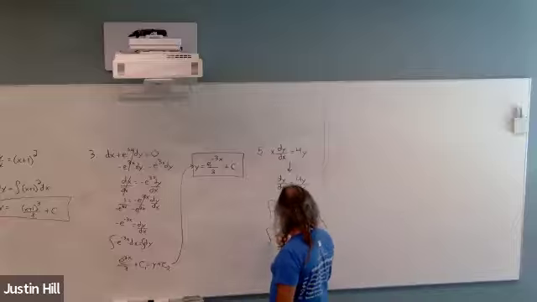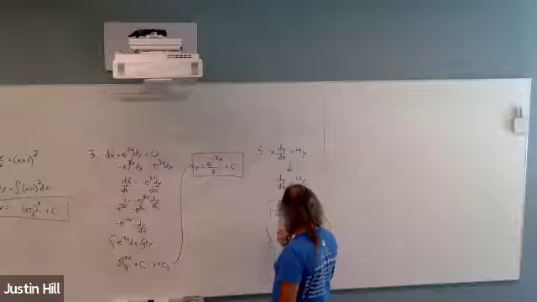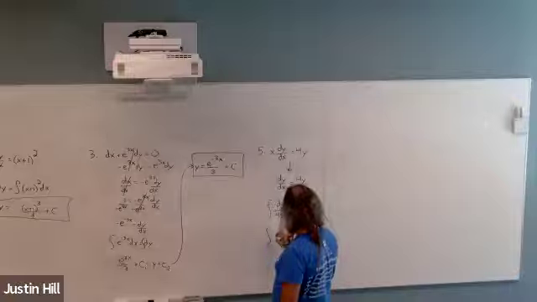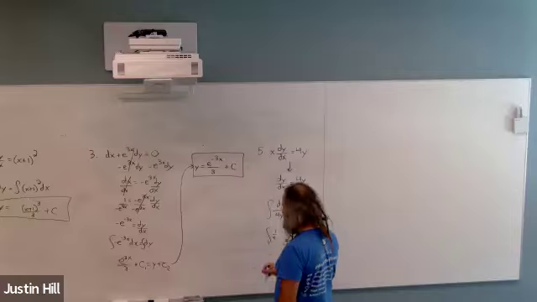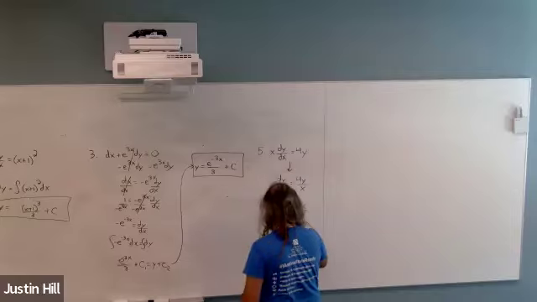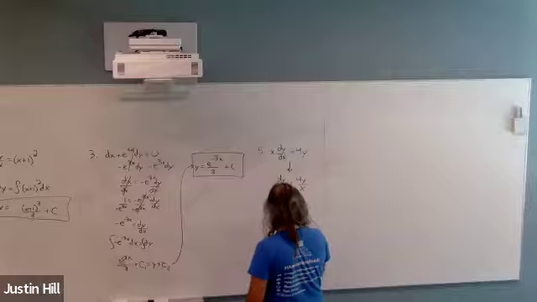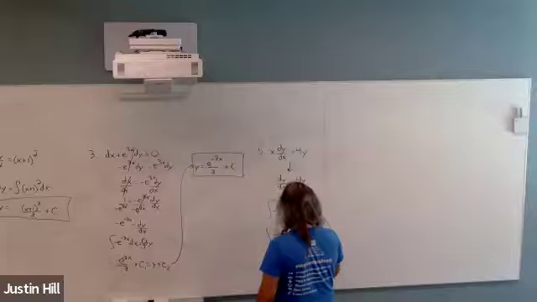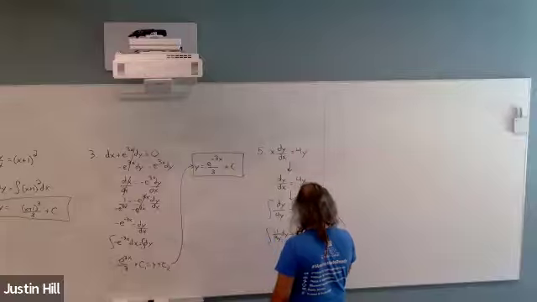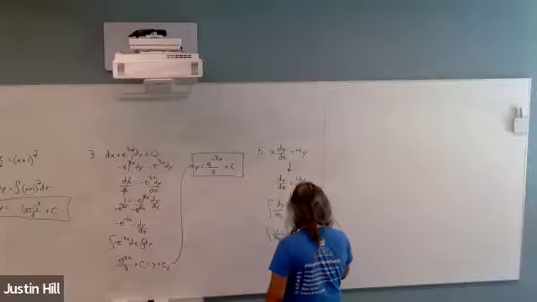Let me rewrite this really quick. This is 1 over 4y dy, and this is 1 over x dx.